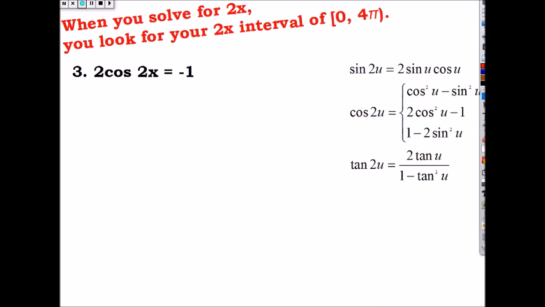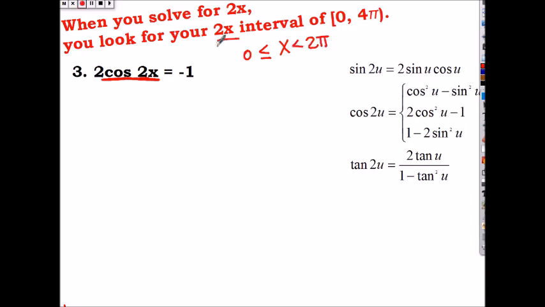So here I have 2 times cosine of 2x equals -1. So for this one, of course you can use the identity for cosine of 2x and substitute, or just solve the equation as input of 2x. But the thing is, now your interval for solution will be different, because when we were solving for x, it was from 0 to 2 pi.